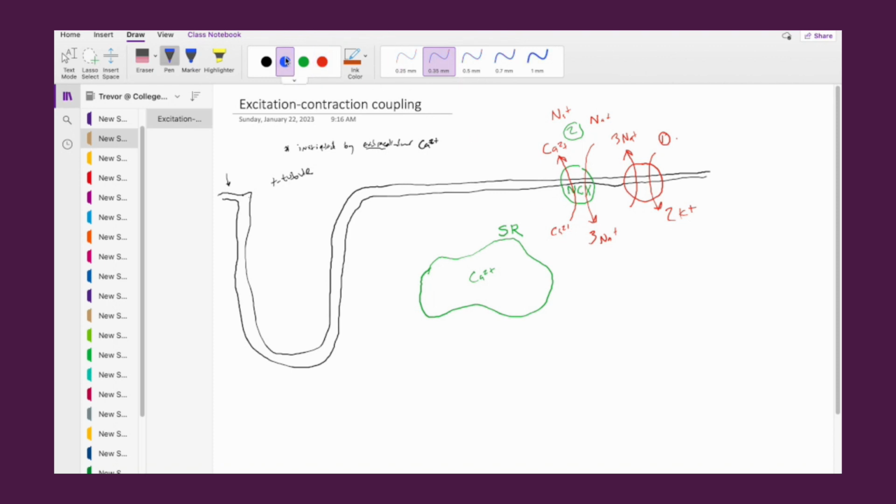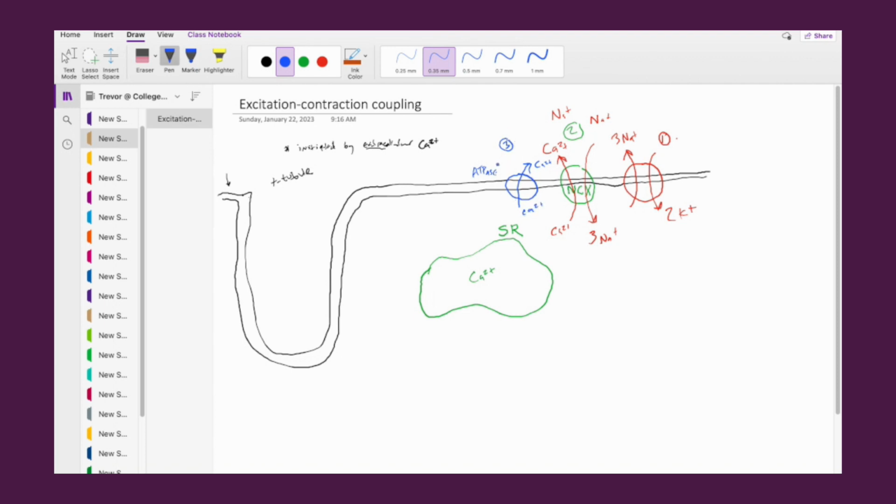Now, there's one other way in which we move calcium. The third way. And this is just a straight up primary active transport, so an ATPase pump. It uses ATP directly to move calcium against its gradient and concentrate it outside of the cell.